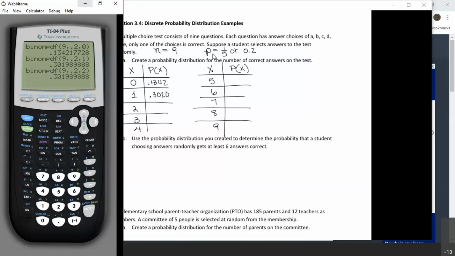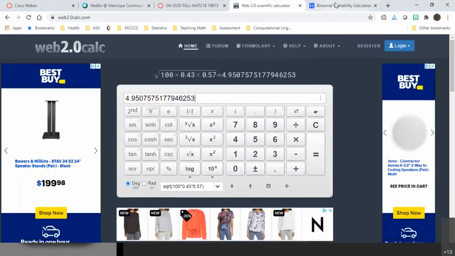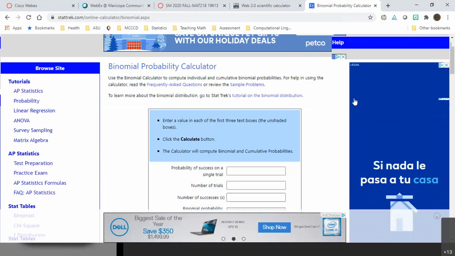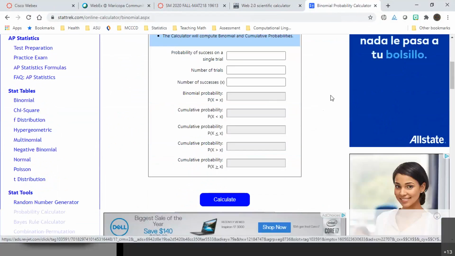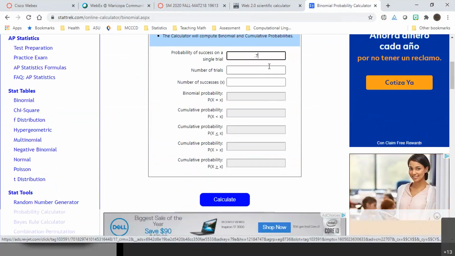Let me show it to you with the binomial calculator. This is the one I've embedded in the course, I believe. Probability of success on a single trial, 0.2. Number of trials, 9. Number of successes, I think I was up to 3.